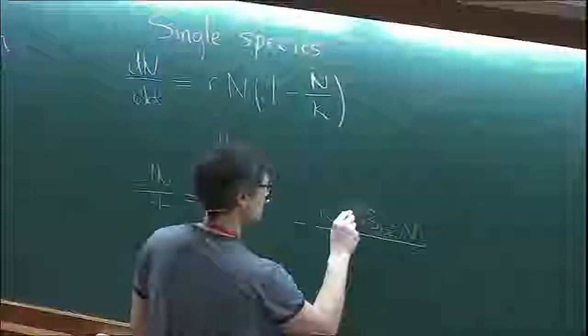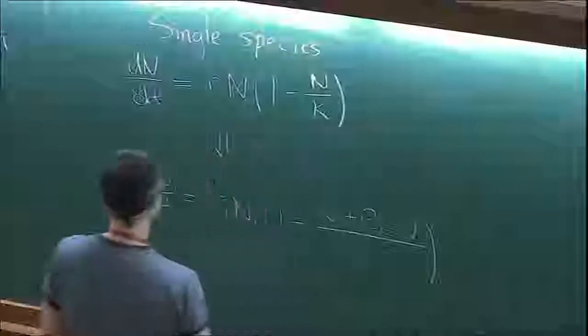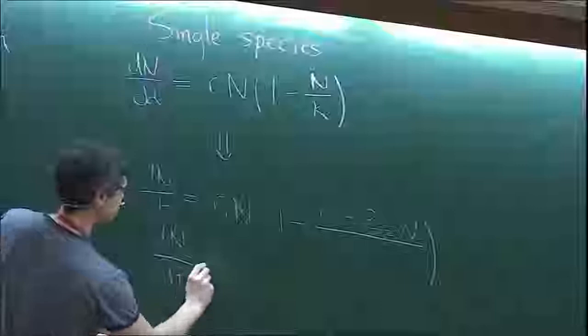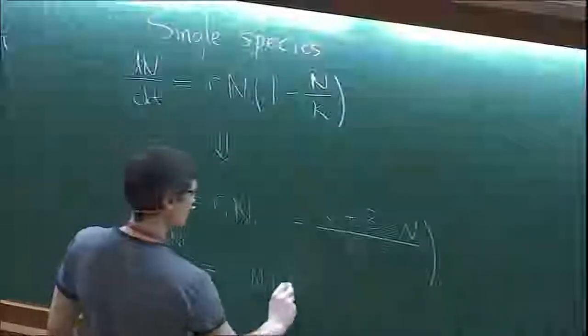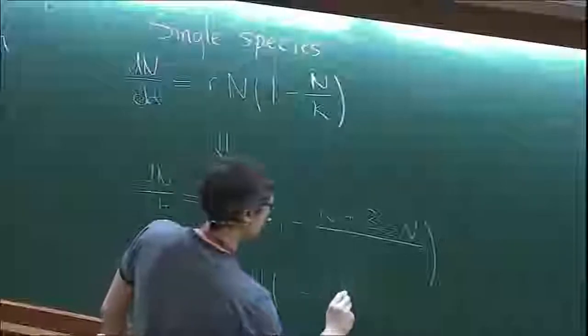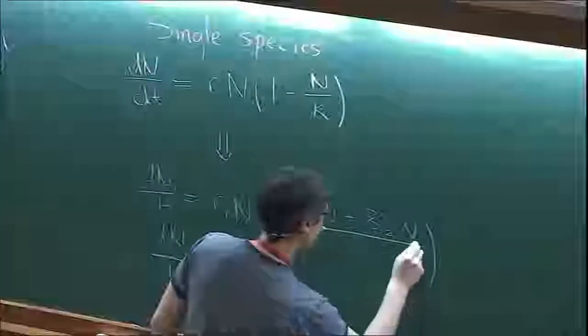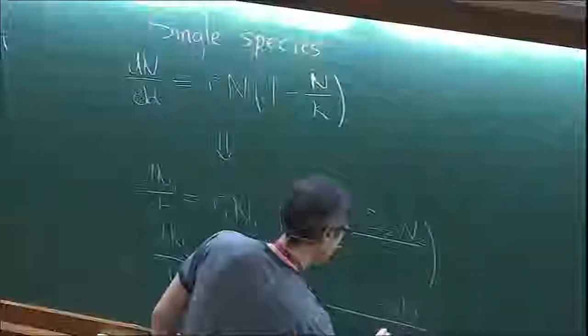Yes, I think we'll stick with positive. All right, and then the same thing for the second species. Okay, sorry, and this should be N2, and here's N1 over K2.